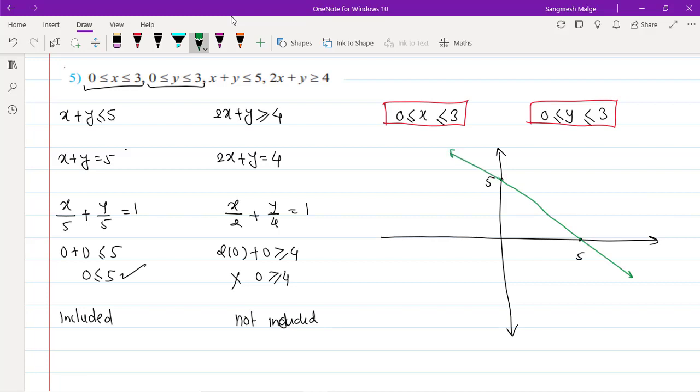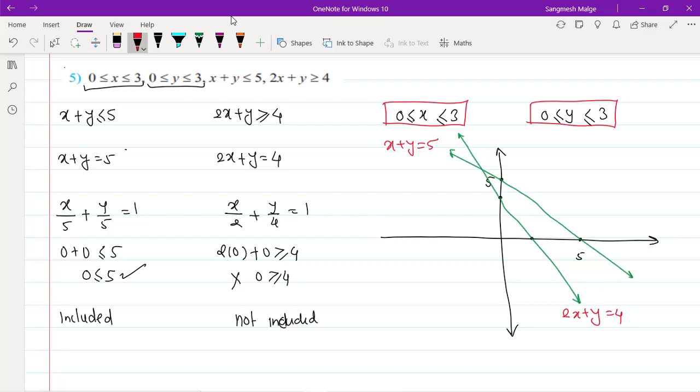This is how the first line looks, so the equation is x plus y equals 5. What about the second line? It is 2 and 4. So 2 on the x-axis, 4 on the y-axis. Let's join these 2 points again. The line looks somewhat like this and the equation is 2x plus y equals 4.